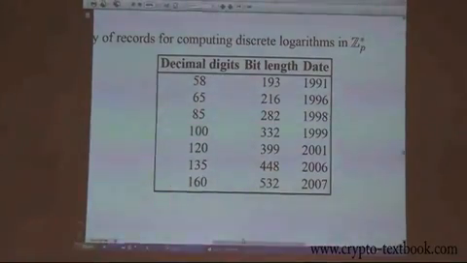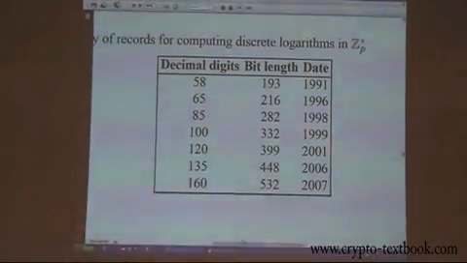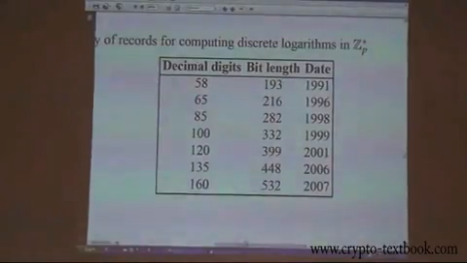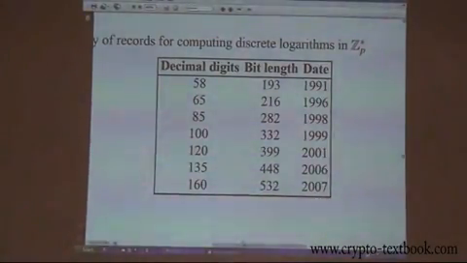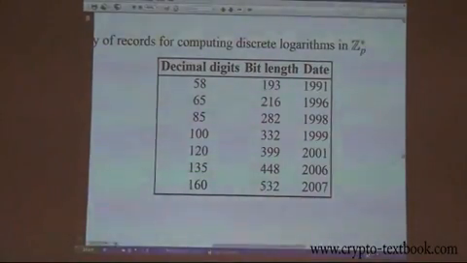Do you see the middle one, the bit length? These are the world records in computing discrete logarithms modulo p. You see the last thing that was broken was in the year 2007, and people broke the discrete logarithm problem with 532 bits.